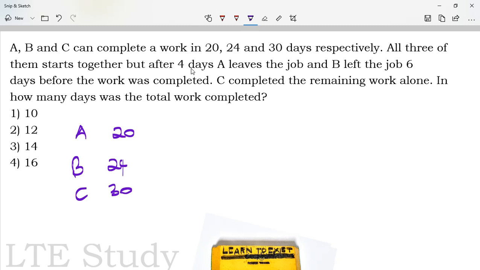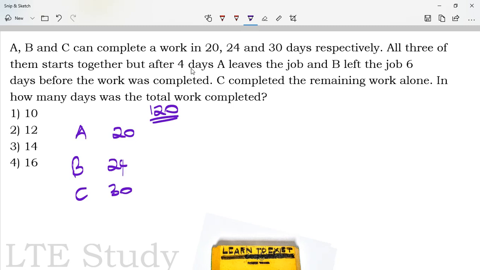The biggest numbers are 24 and 30, the ratio here is 4:5, and 4 into 30 gives 120 as the LCM of 24 and 30. It is also a multiple of 20, so we can write the total work as 120.